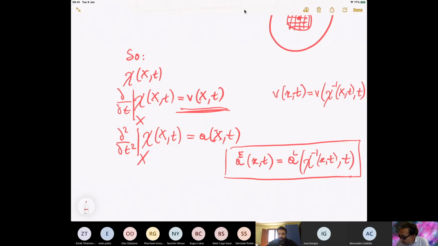Or if you want, v Lagrangian of capital X and t is equal to v Eulerian calculated in chi of capital X, t, t.